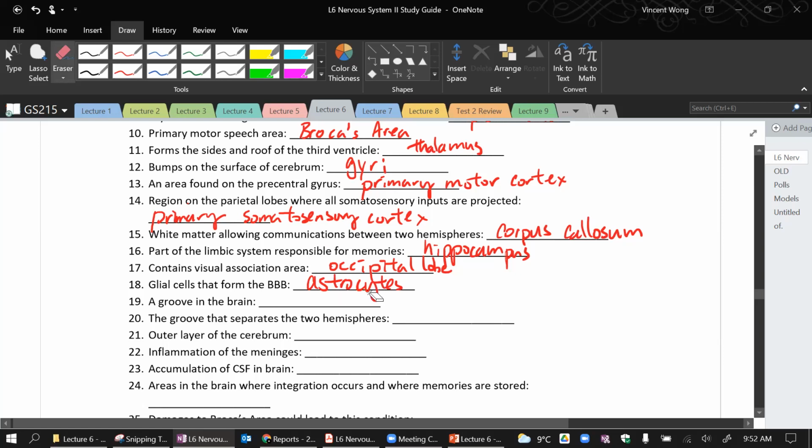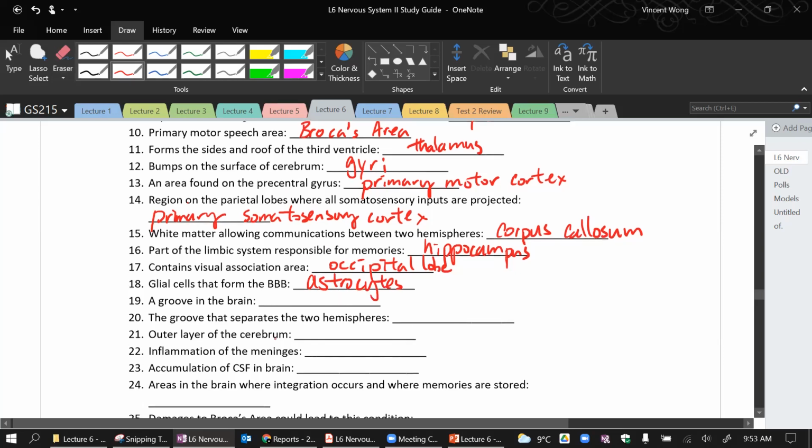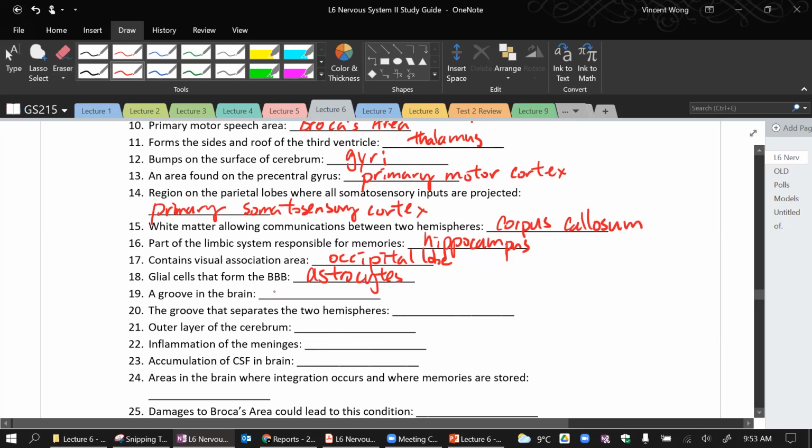They are star-looking cells. A groove in the brain, that is sulcus. Sulci for plural. The groove that separates the two hemispheres, that is the longitudinal fissure.